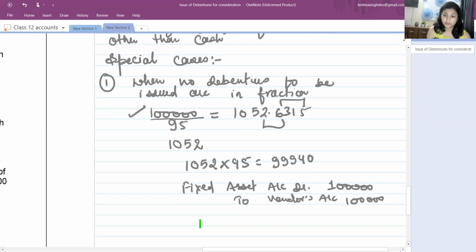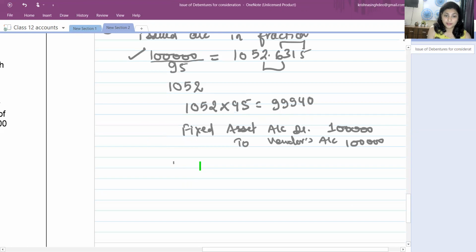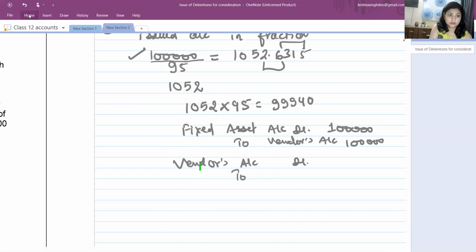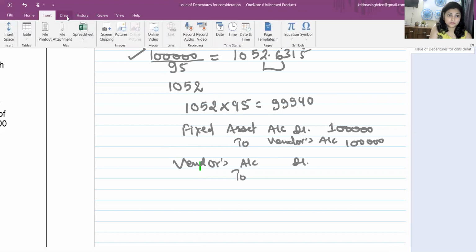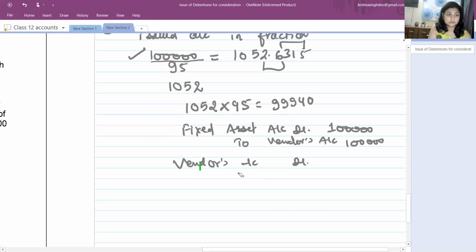The second entry will be vendor account debit, discount on issue of debenture account debit, to percentage debenture.